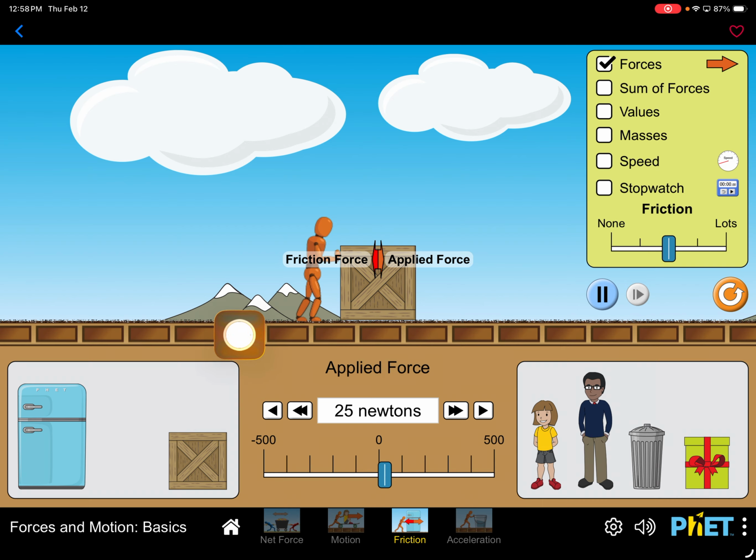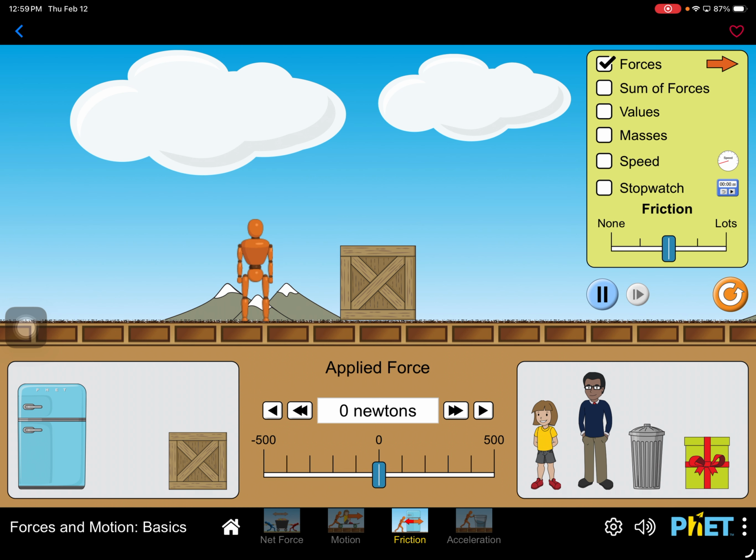Because there's a friction force in the opposite direction. When the box is not moving, this friction force is called a static friction force. What is the static friction force now? 20 newtons. 30 newtons. What is it now? 0. So it seems like the static friction force can change.